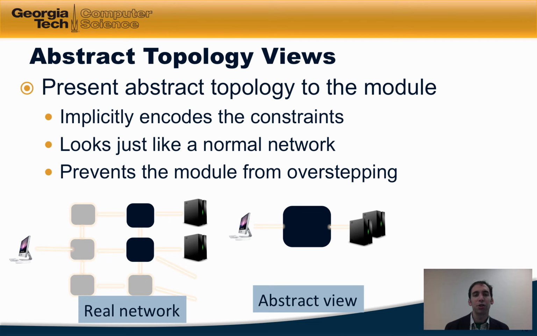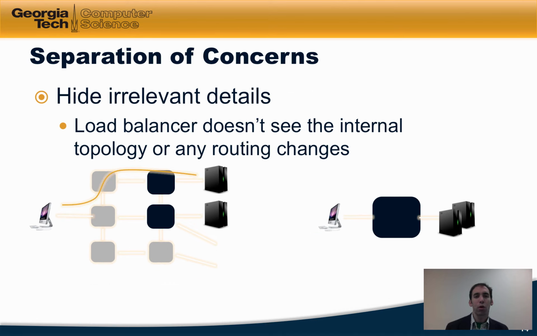The logical topology looks just like a normal network, but it prevents each module from overstepping or performing actions on parts of the network over which it has no purview. In other words, the logical topology hides irrelevant details from the modules. So, for example, the load balancer would not see such details as the internal topology or any routing changes.